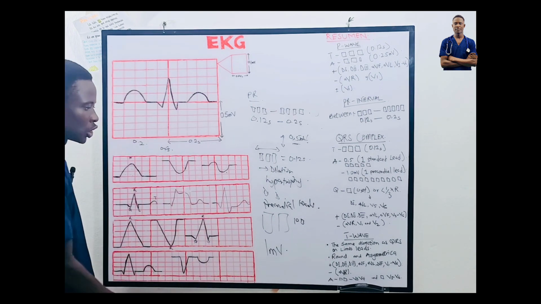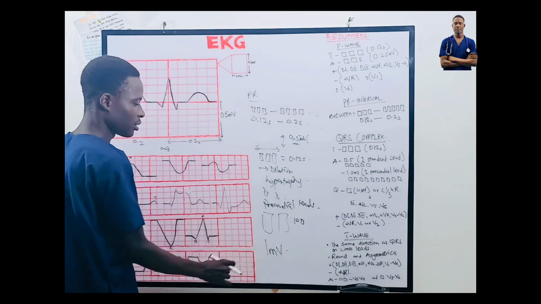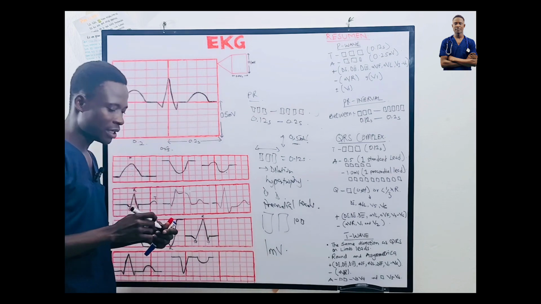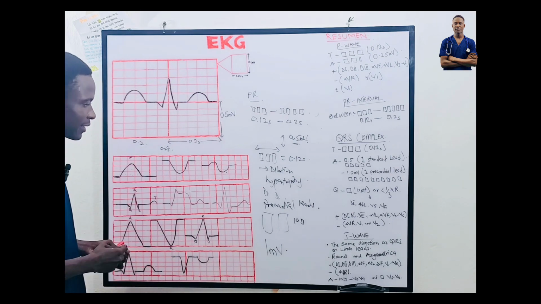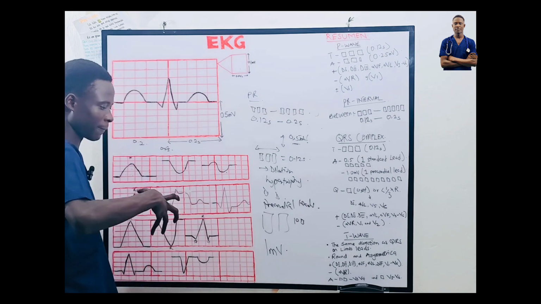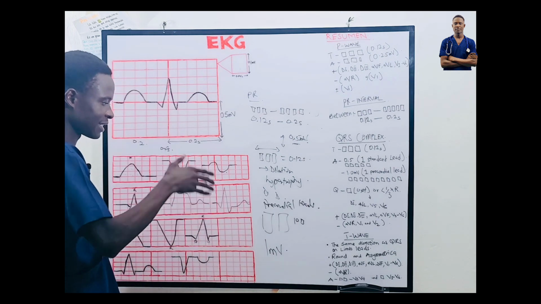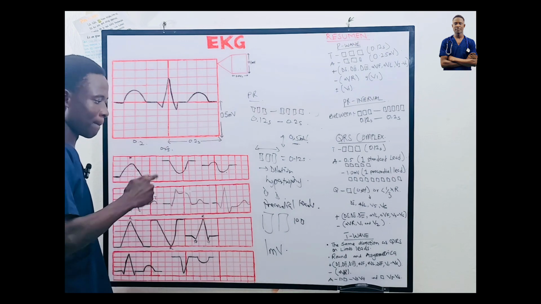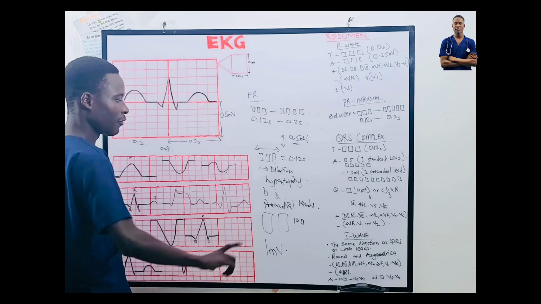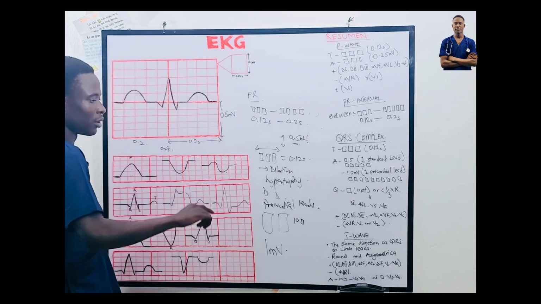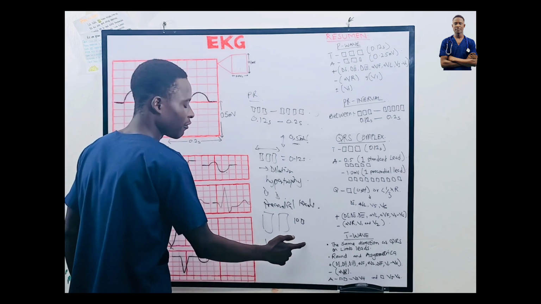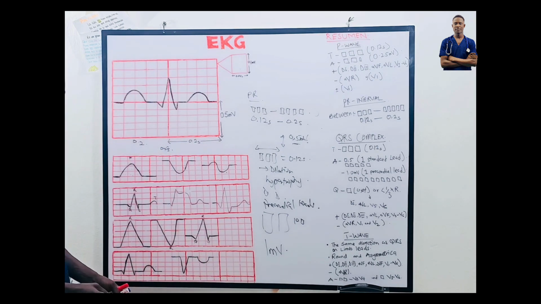Are you clear with it? So either 10 small boxes or 2 big boxes, which is 1 millivolt. That is for the precordial leads. So for the leads to be normal, some of these precordial leads must read at least 1 millivolt, and some of the limb leads must read at least 0.5 millivolts. Are you clear with it?